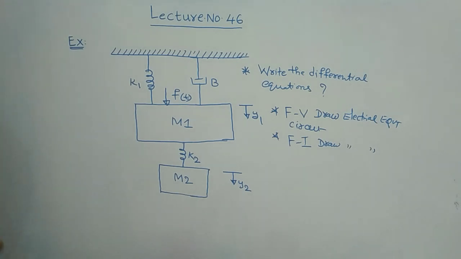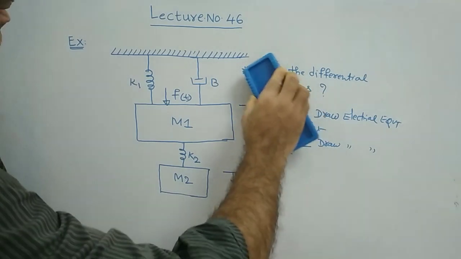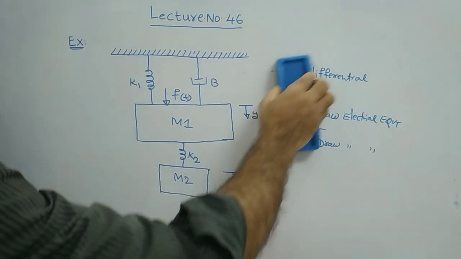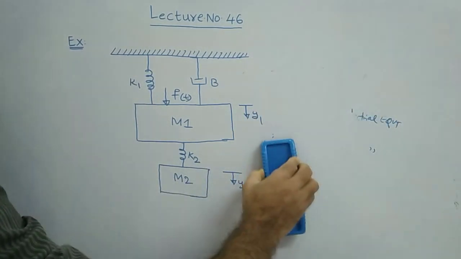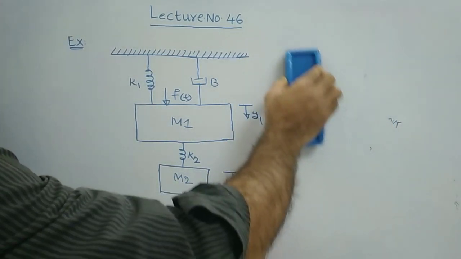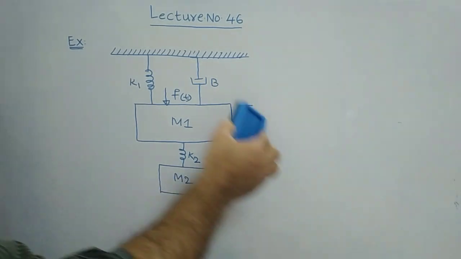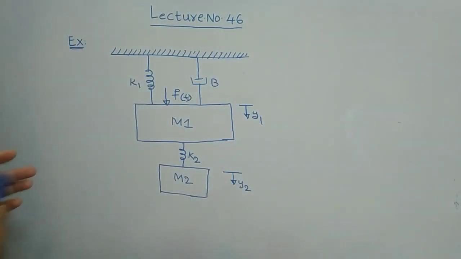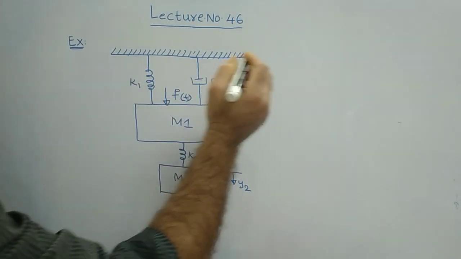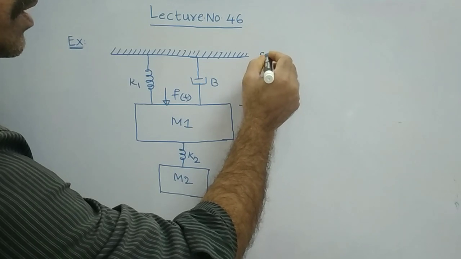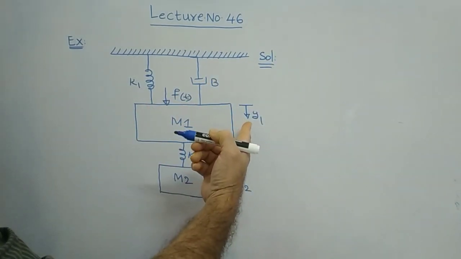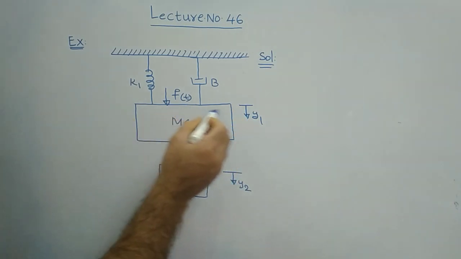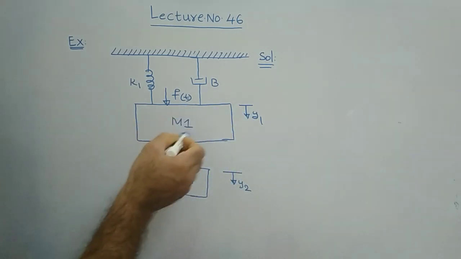So what could be the differential equation for this? How many mechanical blocks are there? Basically, we have two blocks. By simply observing this, you can say that this is block 1 and this is block 2. Therefore, the solution part I am writing here. The differential equation with respect to y1 is with respect to m1 obviously.